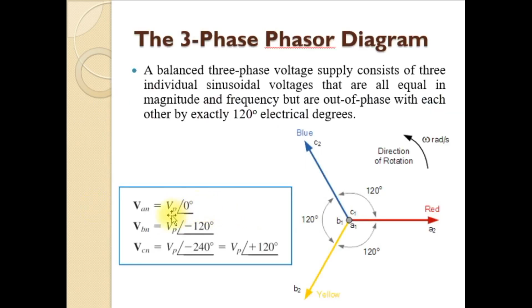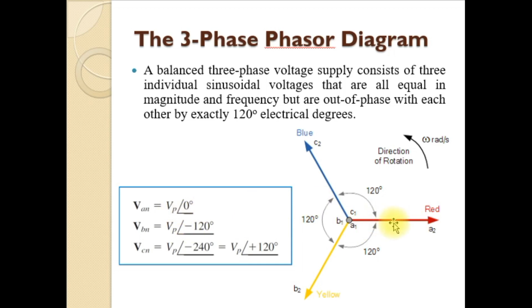If you measure those voltages for the first phase, if you consider the first phase or the R phase as a reference, it can be represented as VAN is equal to VP angle 0, as we have seen in the discussion of the representation of sinusoidal waveform in phasor form.